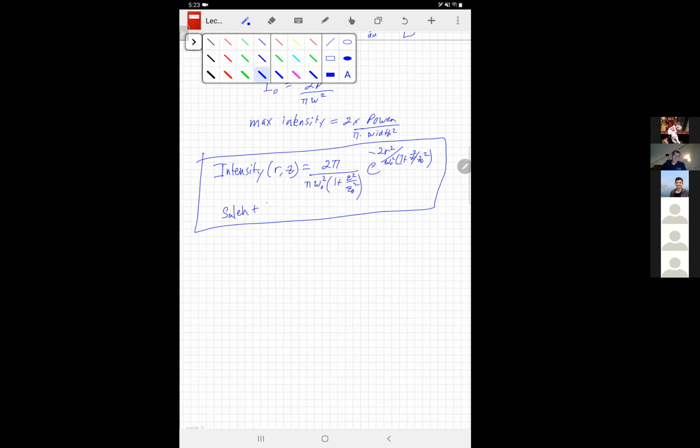Again, it's not the most mathematically rigorous, but it covers things at a very practical level. Saleh and Teich, Fundamentals of Photonics. And then there's the Lasers book by Siegman.